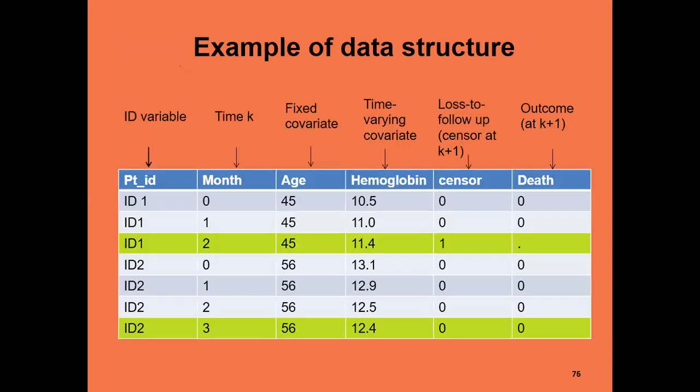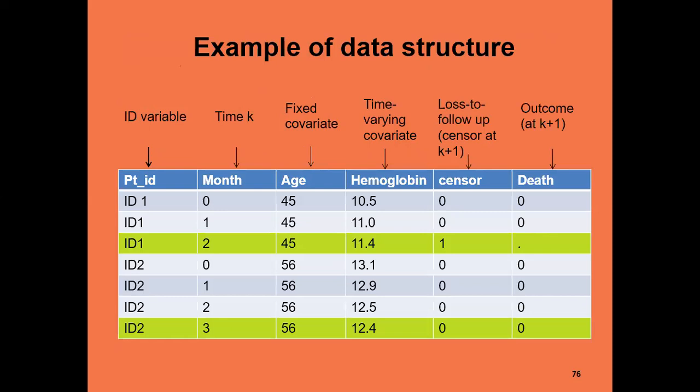So here is one example of the data structure that we will have. We have a patient ID variable, a time variable increasing over time by 1, and fixed covariates, which are the baseline covariates. They don't change over time. We have time-varying covariates, for example hematocrit values, which vary with time.